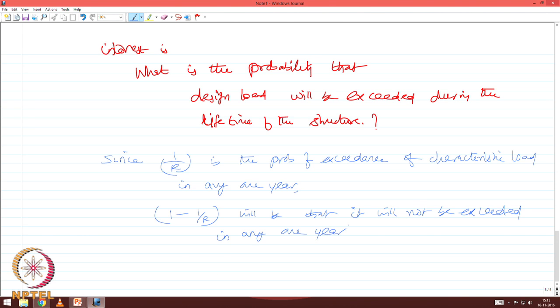Is it clear? Exceedance is 1 by r. So, 1 minus 1 by r will be the non-exceedance of that in any one year. You may be wondering why we are looking at the non-exceedance value when we are going to focus on exceedance value in the lifetime. I will come to that point.